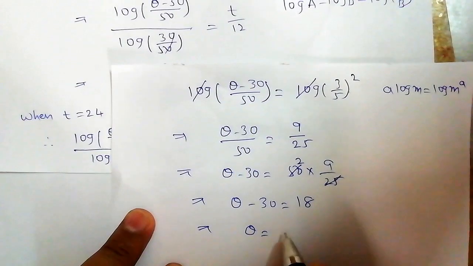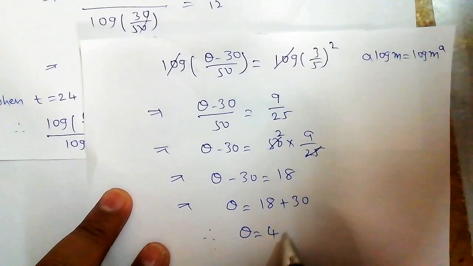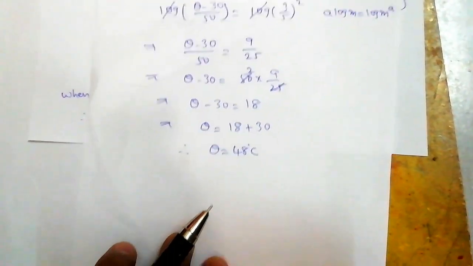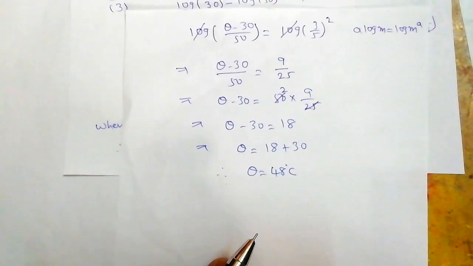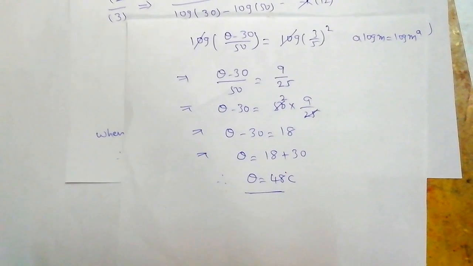Therefore theta equals 18 plus 30, so theta equals 48 degrees Celsius. That means after 24 minutes the temperature of the body is 48 degrees Celsius.